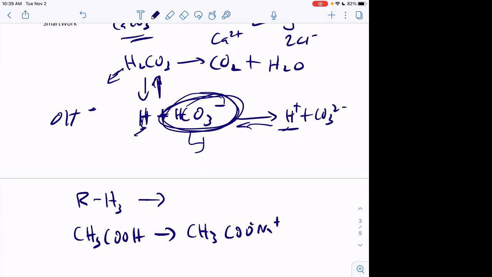It's a triprotic acid. Just like with acetic acid, where sodium acetate forms, you're going to get sodium citrate. The sodiums simply replace the hydrogen ions on the citric acid.